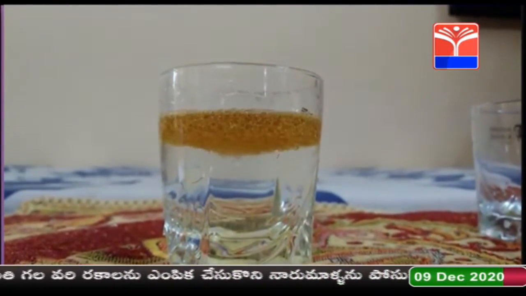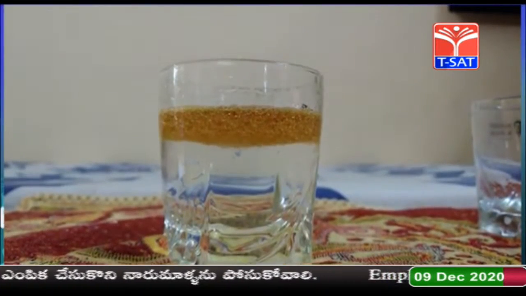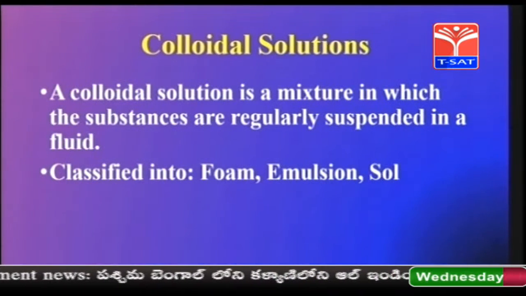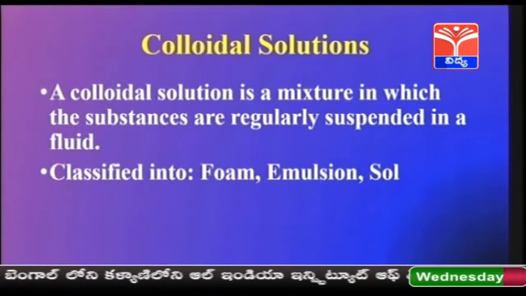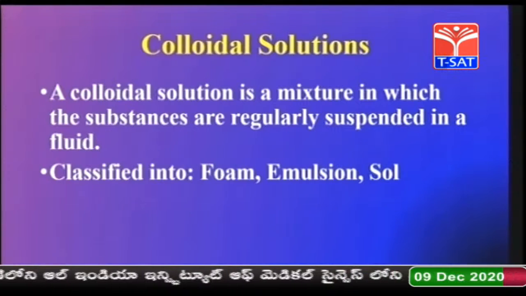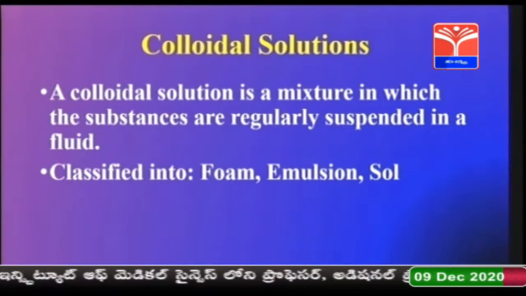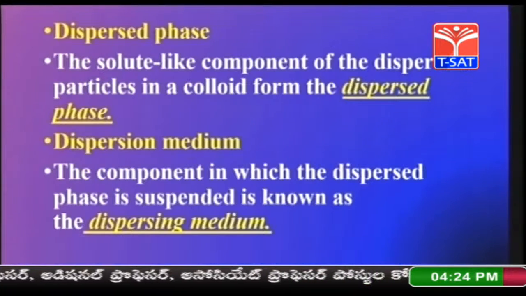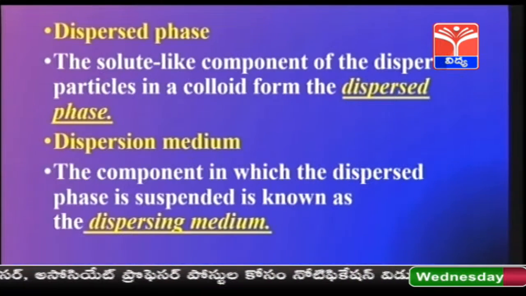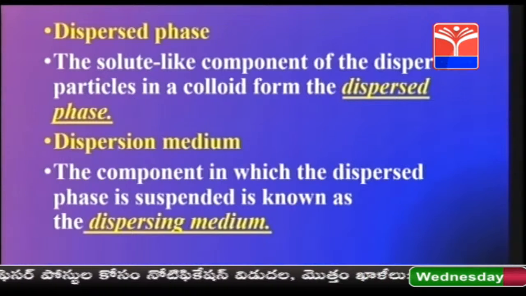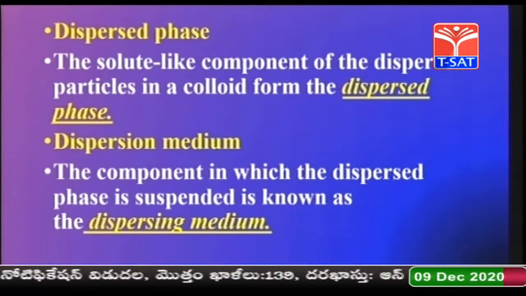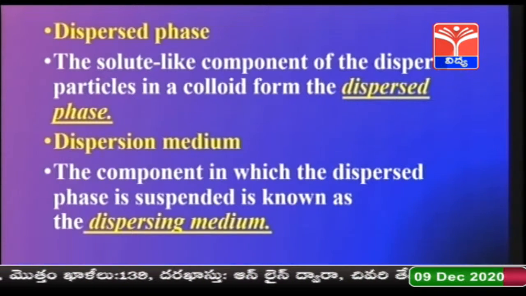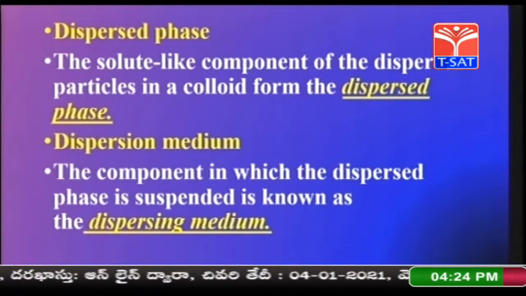Children, now let us come to another type of mixture, that is colloidal solution. A colloidal solution is also a mixture. In this, the substances are regularly suspended in the fluid. They can be classified into different types. Let us see the examples here. Before going to the examples, let us study the two phases present in the colloidal solution. One is the dispersed phase and the other one is the dispersion medium.